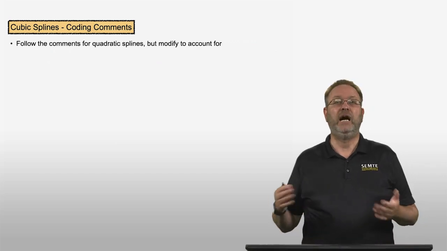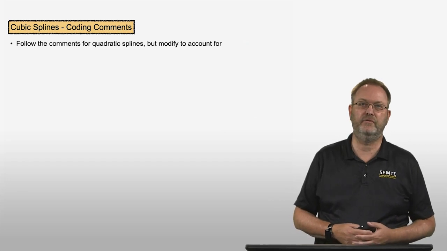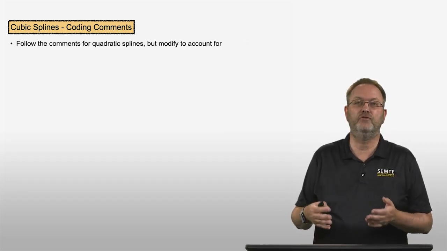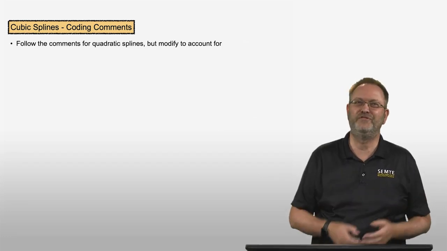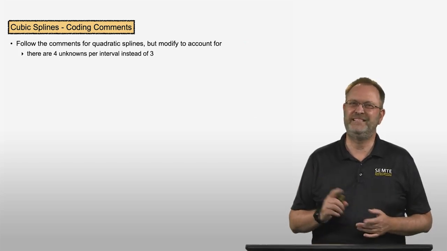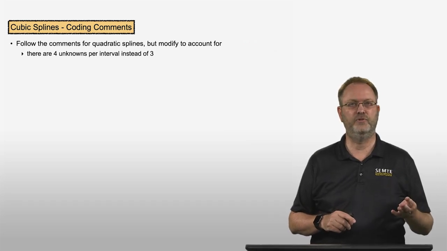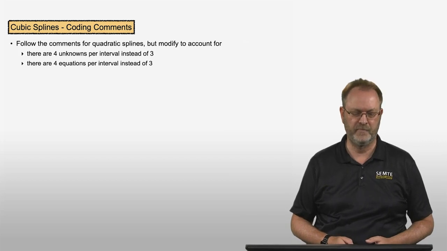Okay, so now how would we code this? We will touch upon how to code this in detail in the recitation. But here are some comments on how to address coding. Basically, follow the comments from the quadratic spline, modifying some things. For one, there are now 4 unknowns per interval instead of the 3 from the quadratic spline.